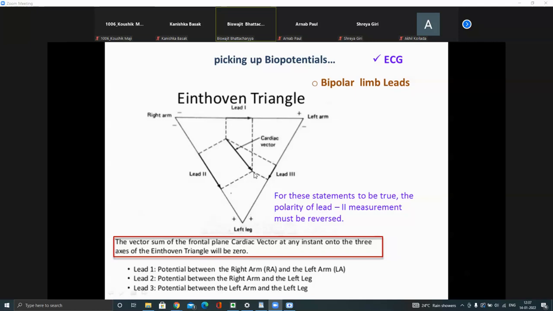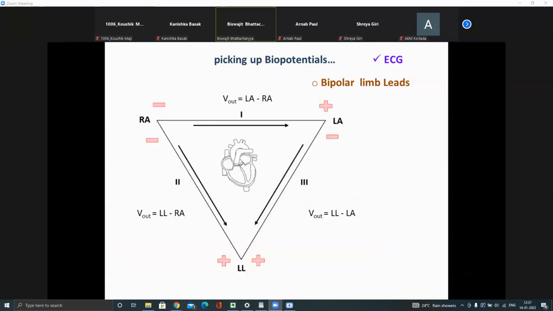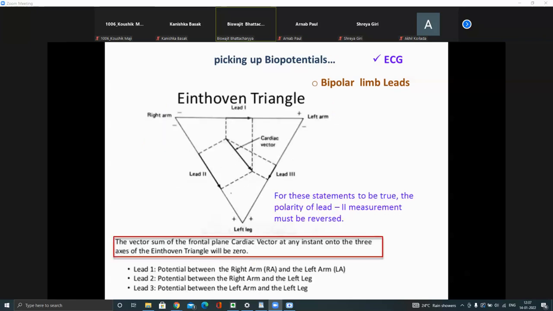So that is the projection of these three voltages on the three sides of the triangle. But note that our KVL will be valid only when we reverse one particular voltage, because if we go in a clockwise or anti-clockwise manner, one voltage has to be reversed. Normally the lead 2 voltage is reversed.